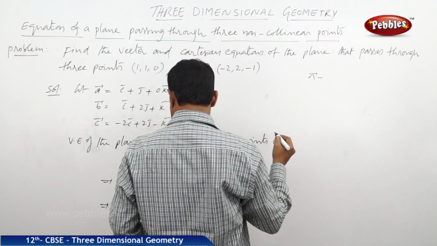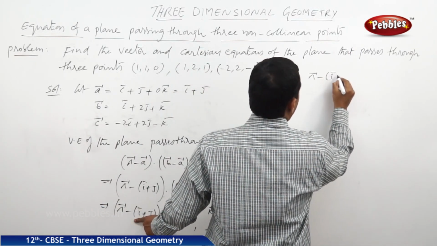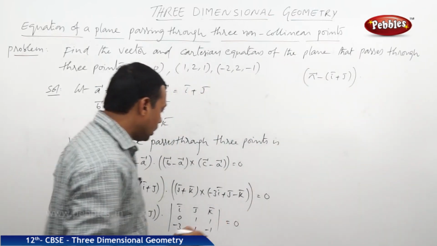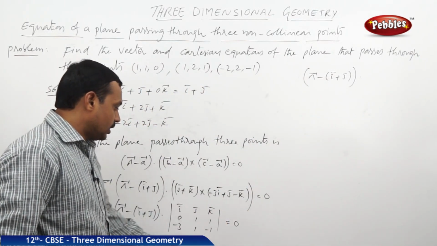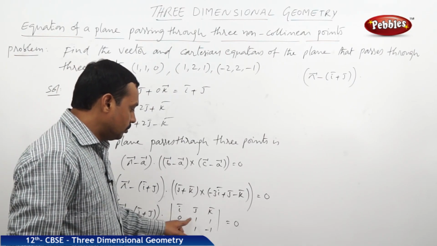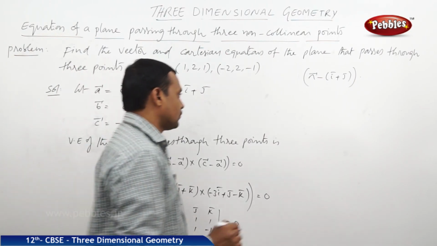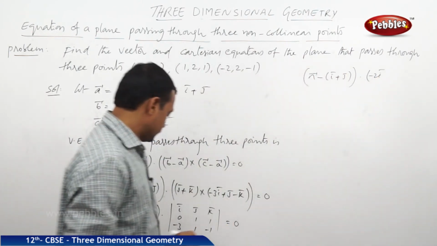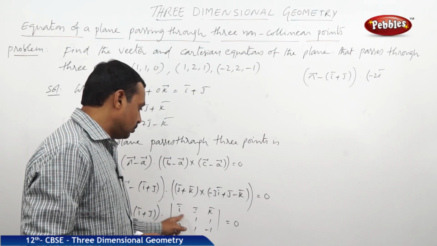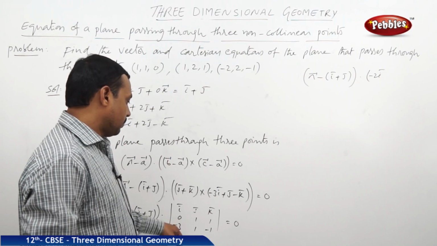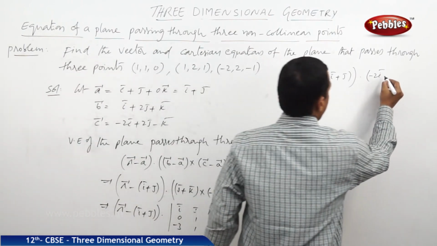R minus of (i plus j) dot, what is the determinant of this matrix? i into minus 1 minus 1, minus 2, minus 2i, minus j into 0 plus 3, into minus j, minus 3j.